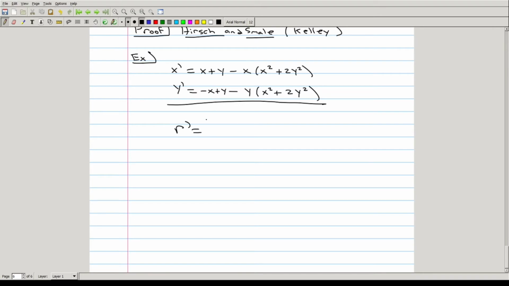You get r prime is equal to r minus r cubed times 1 plus sine squared of theta. You still do get a relatively nice differential equation for theta. But this now is a coupled nonlinear system of differential equations.